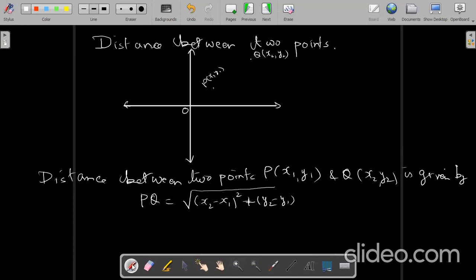If you see this diagram, you can see that you have to find the distance between P and Q.